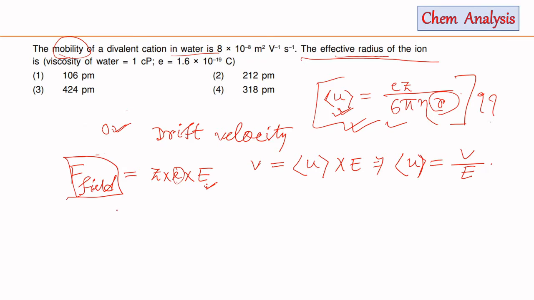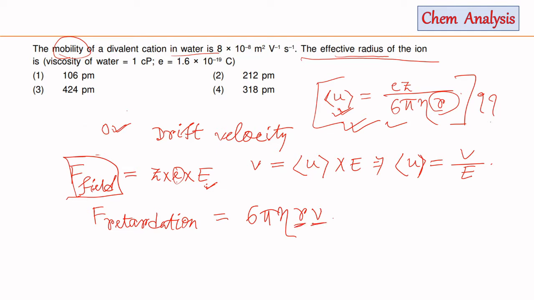Similarly, due to the viscous medium, there is a force acting on the opposite side, that is known as the retardation force. From Stokes' law we can write that F retardation is equal to 6 pi eta r v, where v is the drift velocity and r is the radius of the ion.